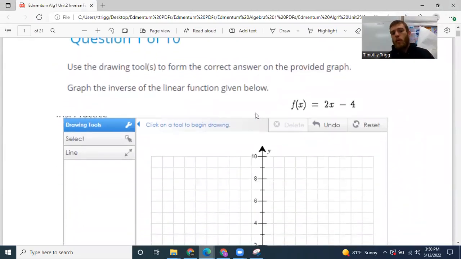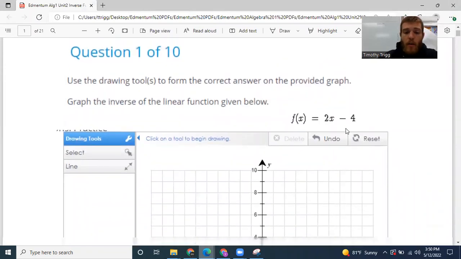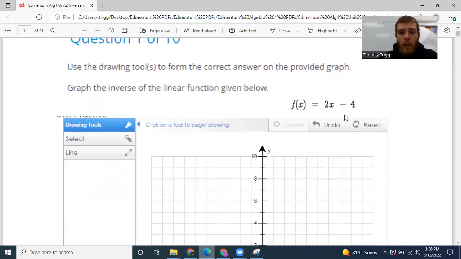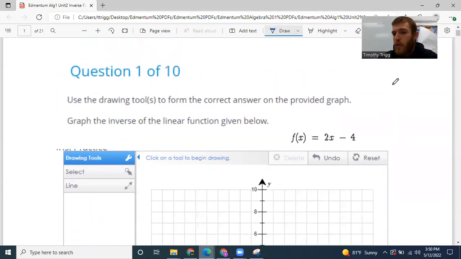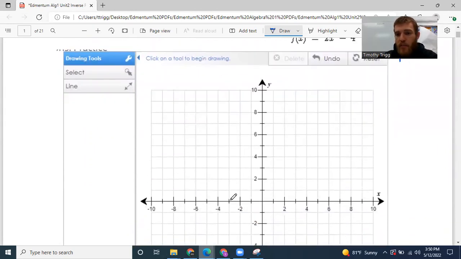So this type of question here, the very first type, is probably the hardest type. The first thing you want to do, actually, nah, I don't think they're very hard at all. I changed my mind. The first thing we want to do is just find a couple coordinate points for this function. You could use any x and y coordinate points, but I want to pick points that are actually going to be on this graph.